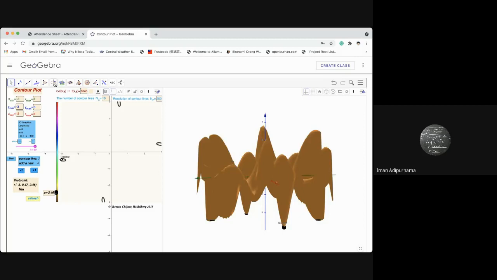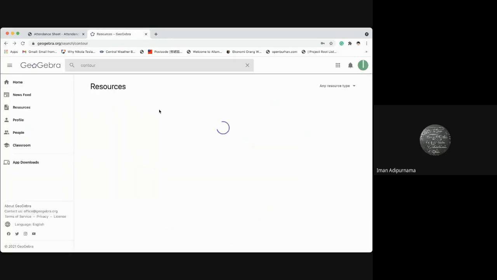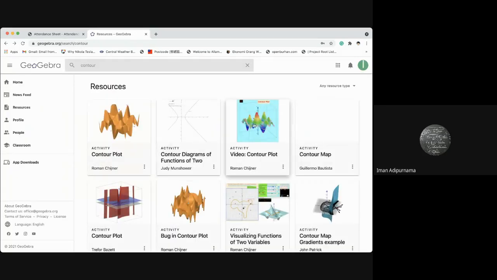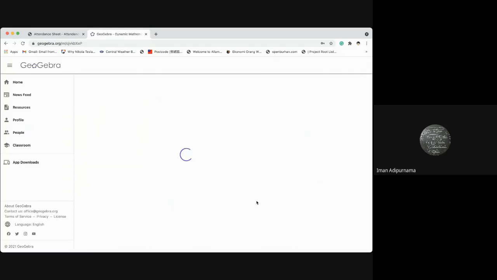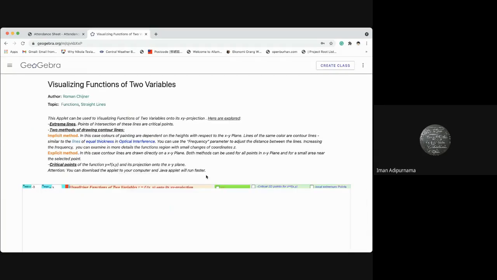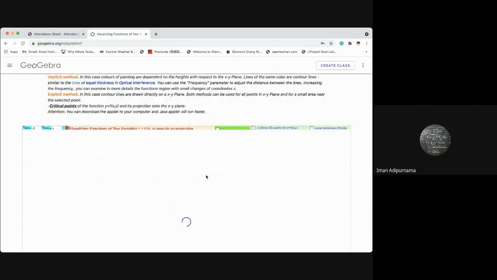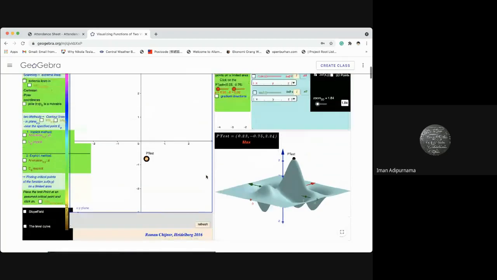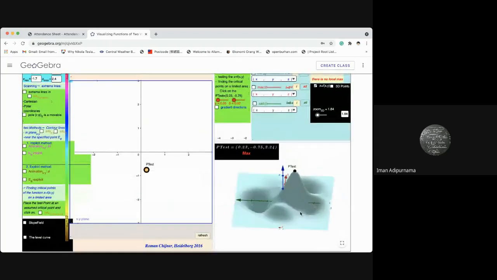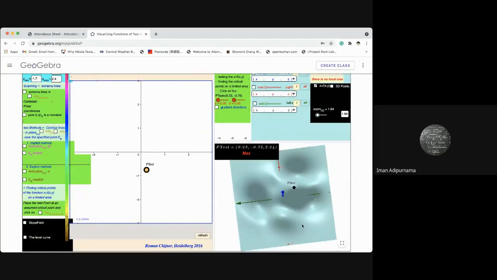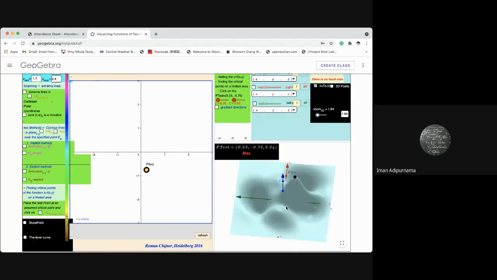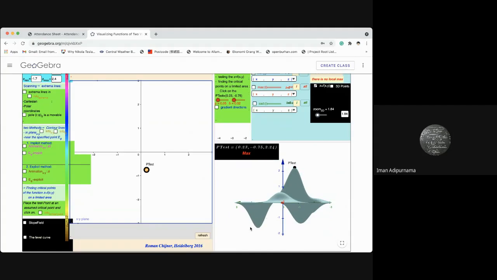Okay, let me check another one. Oh, maybe this one is a bit better. Yeah, this is the contour. Look at this, the darker one is the one that is going down here, right?